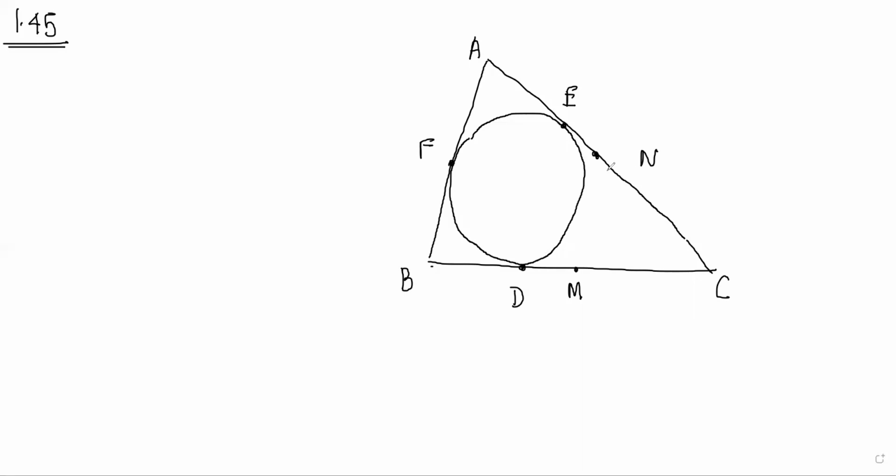Ray BI meets line EF at K. The incenter will be the center of this circle, and the ray BI, this is I, meets line EF at K, meets it outside here at K.